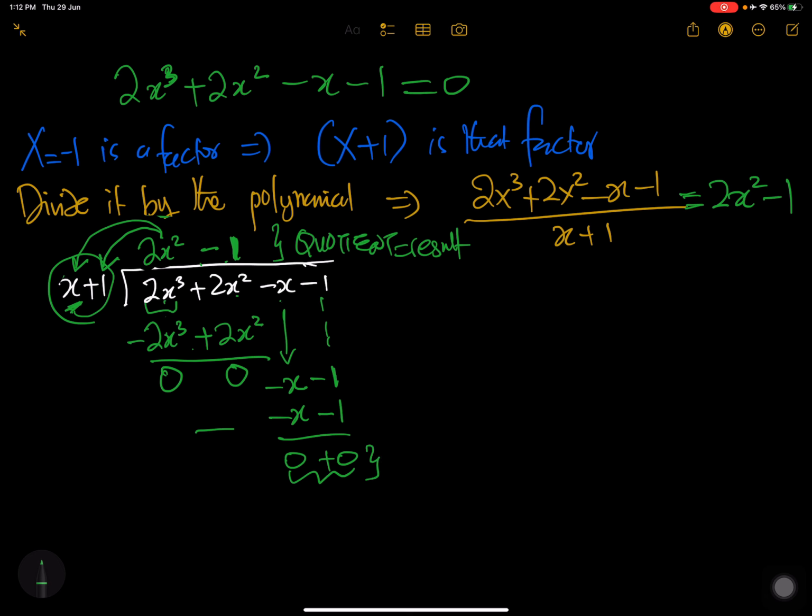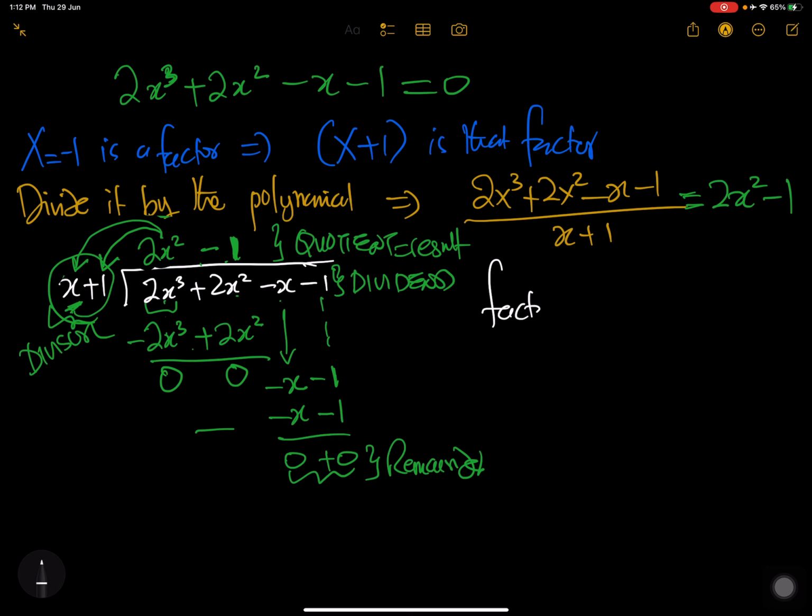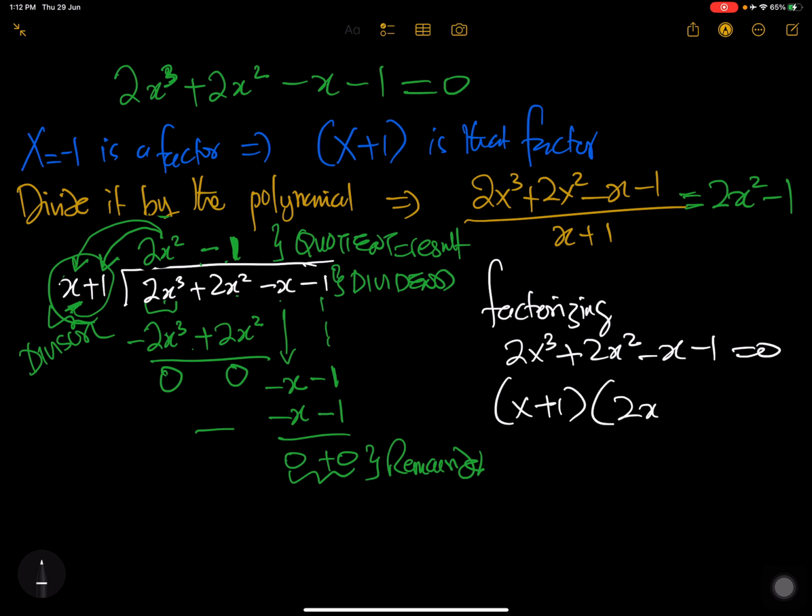And then this, if there was something here, is the remainder. This is usually called the divisor, and what is inside is called the dividend. So we are able to get a quotient. If we want to factorize 2x cubed plus 2x squared minus x minus 1 equals 0, we said that x plus 1 is a factor, and we're also multiplying it with 2x squared minus 1.